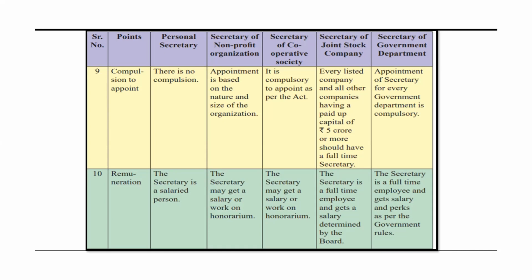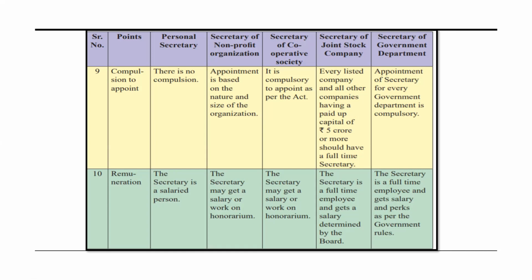So it is compulsory to appoint a secretary. Joint stock company: every listed company and all other companies having a paid up capital of rupees 5 crore or more should have a full-time secretary. What a listed company is and what paid up capital is, we will cover in the next chapter. For now, just remember that listed company means companies whose names are listed on the stock exchange.